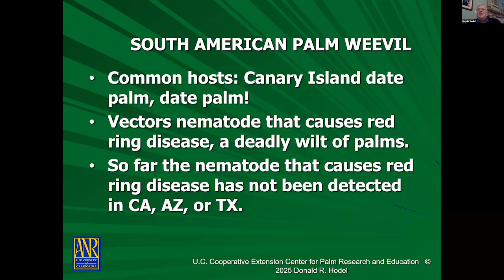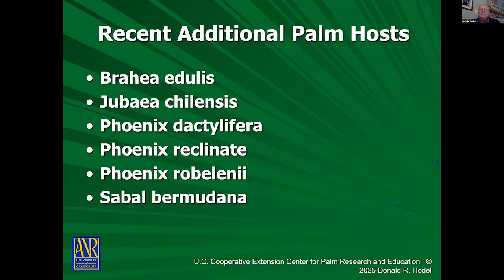However, this is not unusual when you have an advancing wave of a new invasive bug or creature, and it's vectoring something else with it. The ones that are vectoring are usually a little bit behind the frontal wave that first arrives. So it's likely that we will get red ring disease eventually. But since it's not here, I won't talk about it.